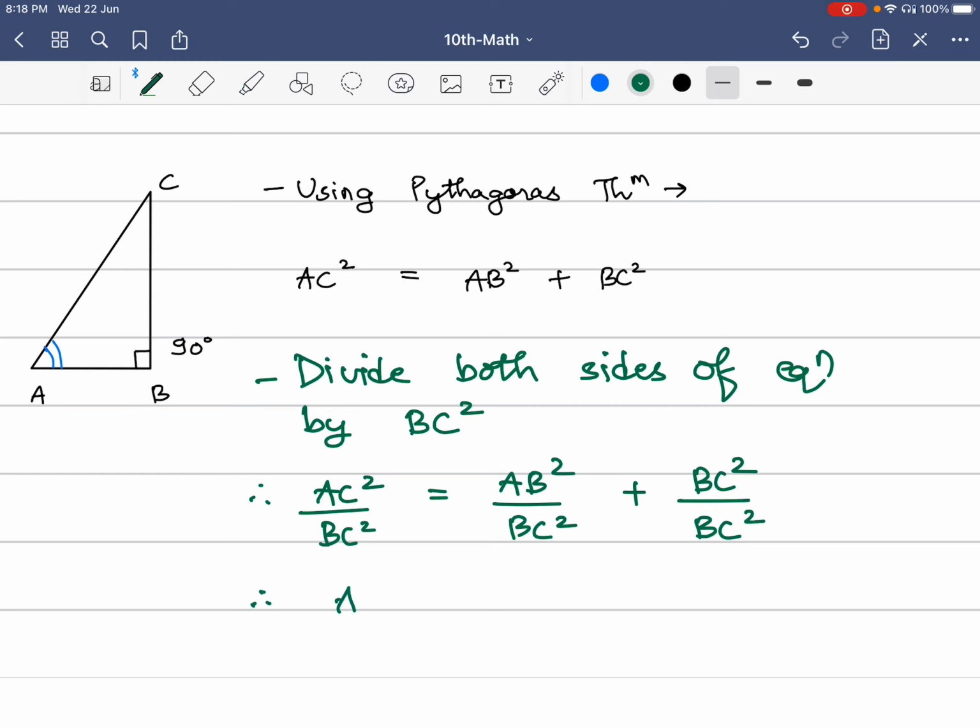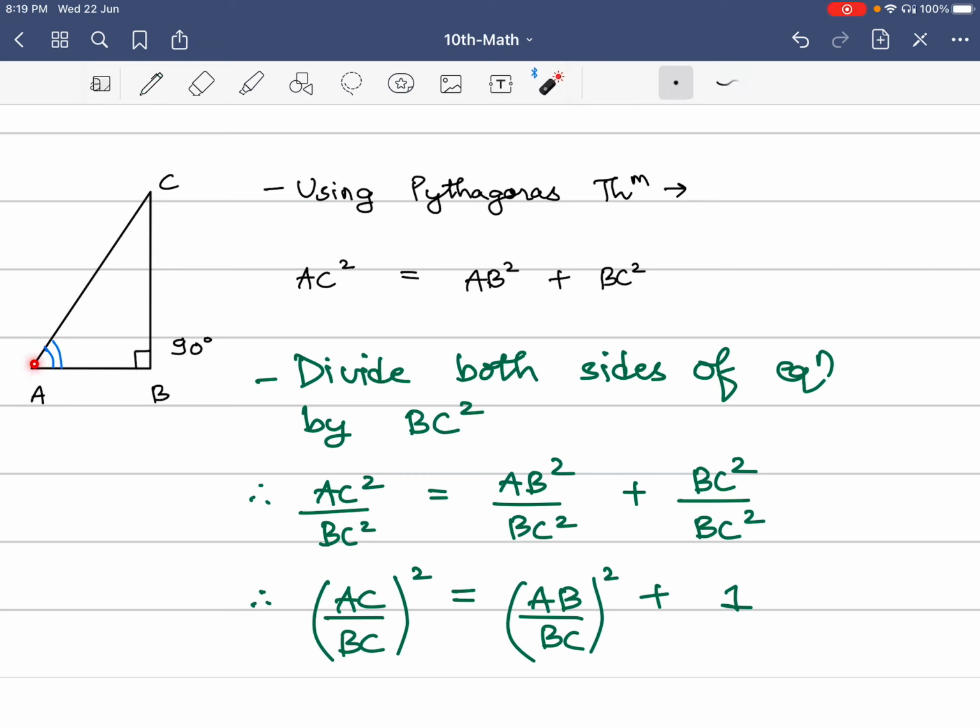First let's do the obvious thing. BC square divided by BC square is equal to 1, so I'm just going to write here plus 1, and then I'm going to rearrange AB by BC the whole square, and this is AC by BC the whole square.